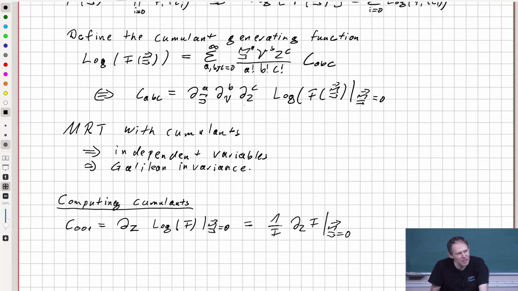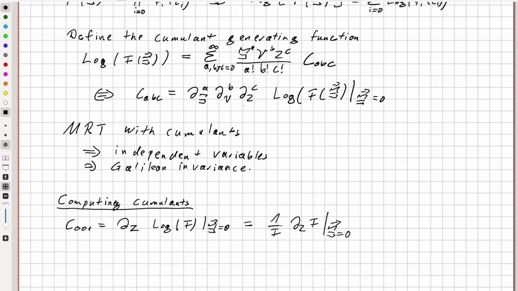From here on, you use the definition of the moments, because you know that the first derivative in zeta of f at xi equal to 0 is m_001. But then you have 1 over f.